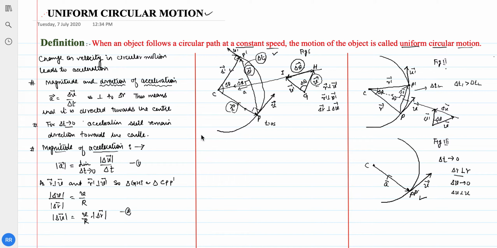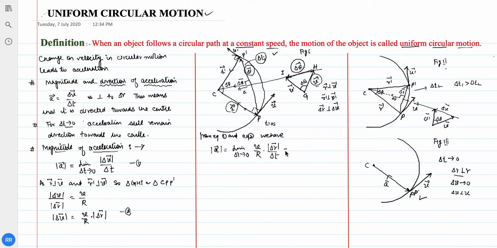From equation 1 and 2, we have acceleration equal to the limit as delta t approaches 0. Substituting, we have V upon R times the magnitude of delta R divided by delta t.